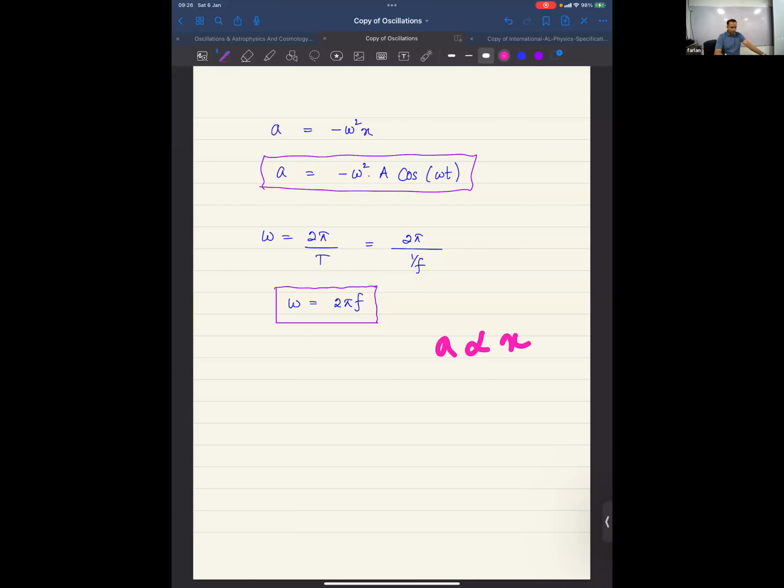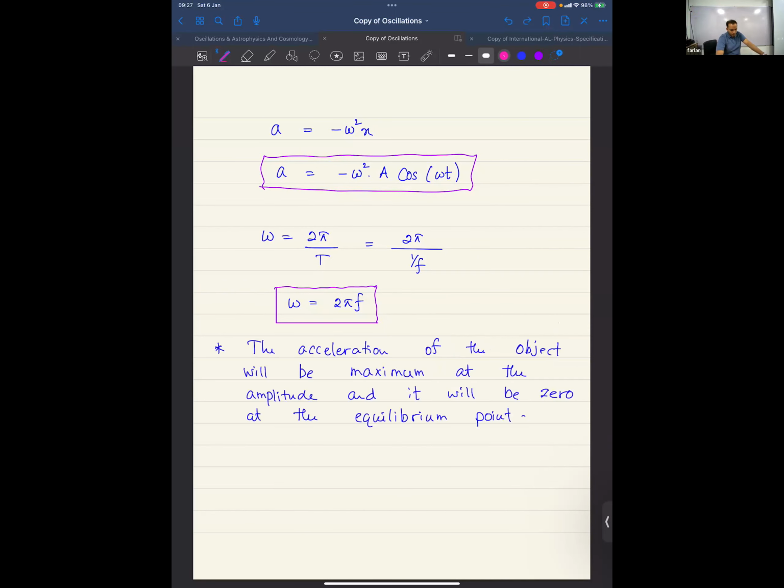So a will be maximum when x is maximum, which means when it is at the amplitude. So the acceleration of an object will be maximum when it is at the amplitude. And the minimum value of the acceleration will be 0, when x is 0. Correct?